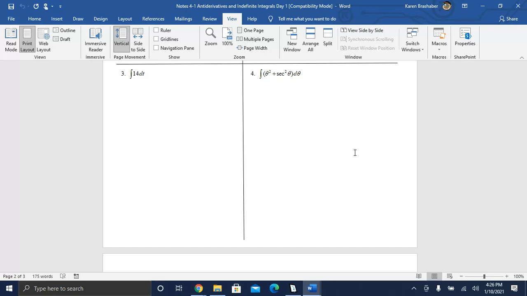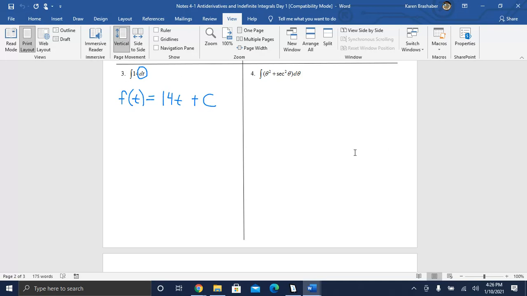So this is where the dt is important because your variable is a t. So it will be f of t equals 14t plus c.